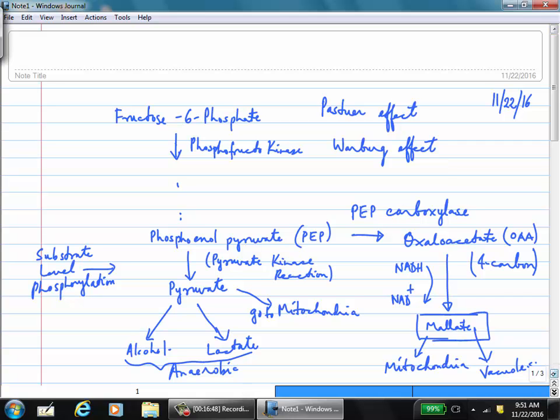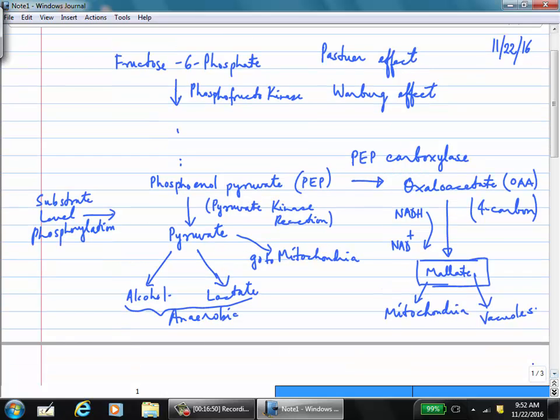Well, some of the steps here are reversible, right? But this pyruvate kinase reaction, phosphoenol pyruvate going to pyruvate, is not reversible. So if you could find something to generate the PEP, phosphoenol pyruvate, without having to get it from the pyruvate, you could in theory reverse those steps and produce new glucose, okay?